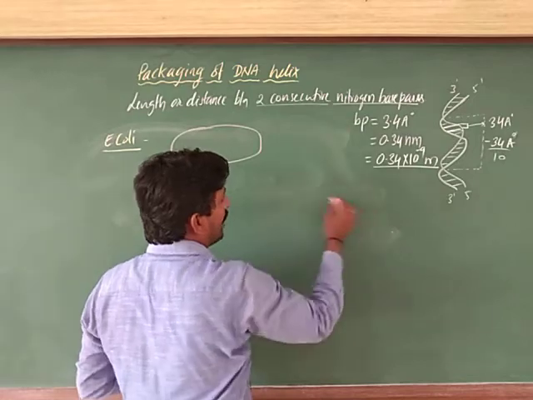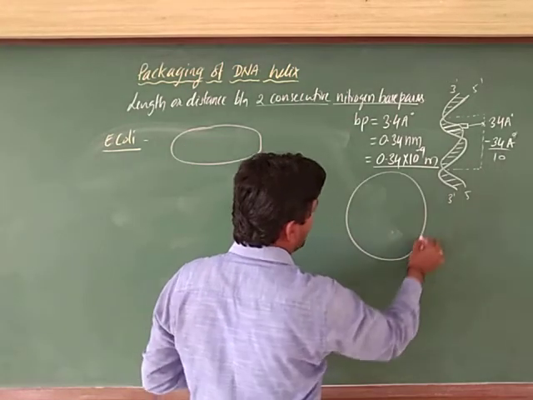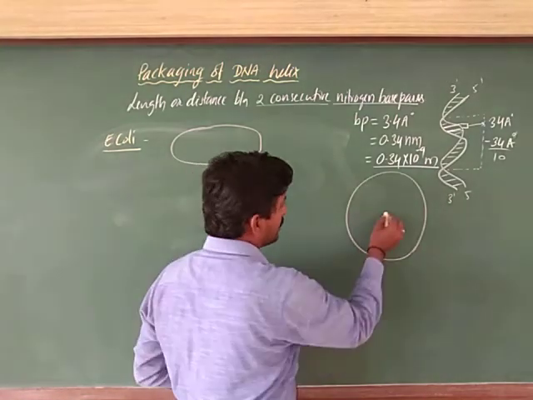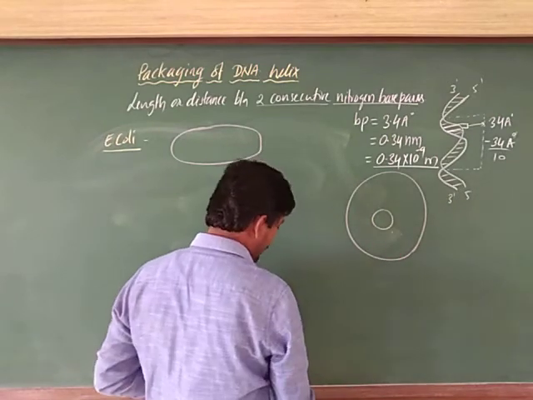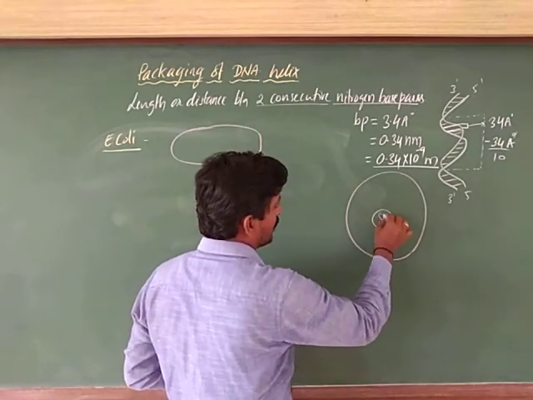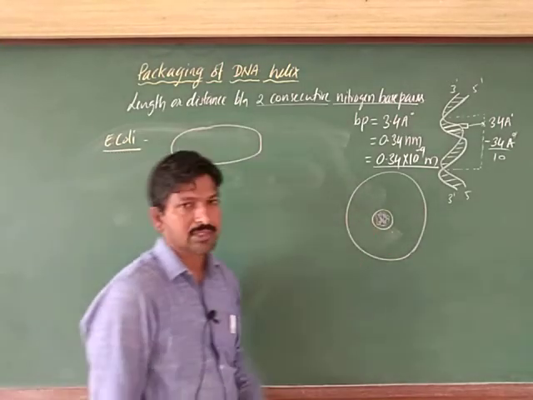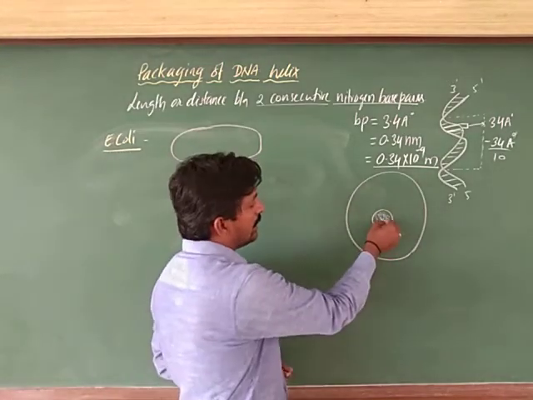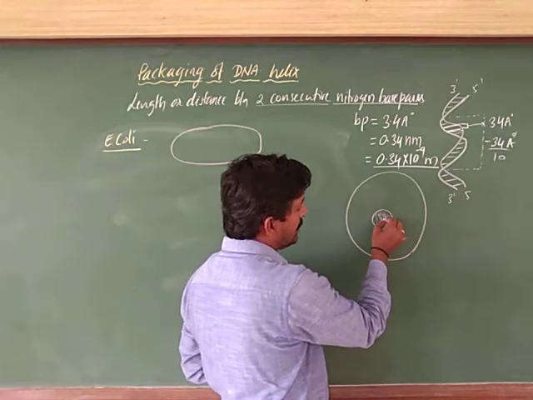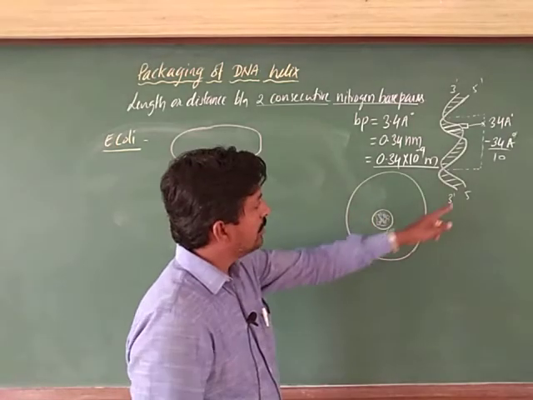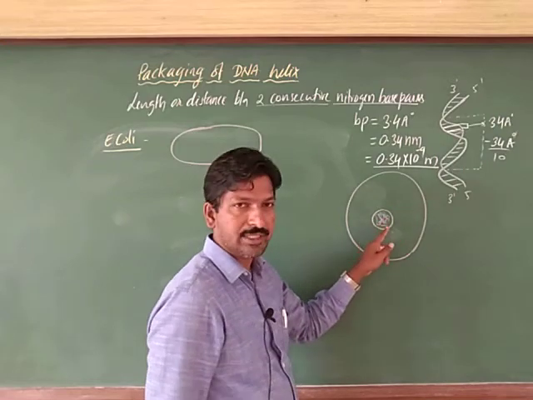See, this is the cell, and here there is a nucleus. In that, the chromosomes, what we call chromatin material, so we know the simple cell structure. See, this is the double stranded DNA, which is in this thread like structure.